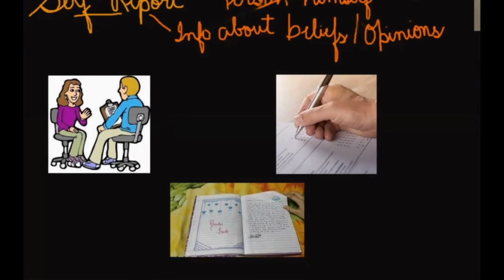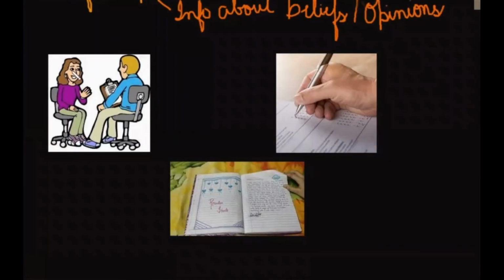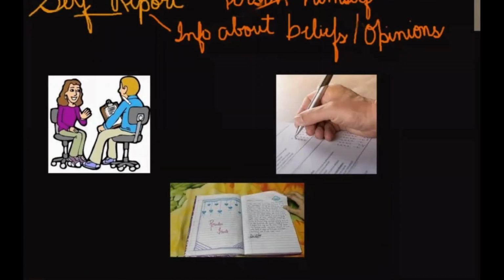Now a variety of methods can be employed to obtain information. In self-report, we use various methods, as we can use interviews. Researchers can also use questionnaires or certain psychological tests, and also researchers can take the help of any personal diary.